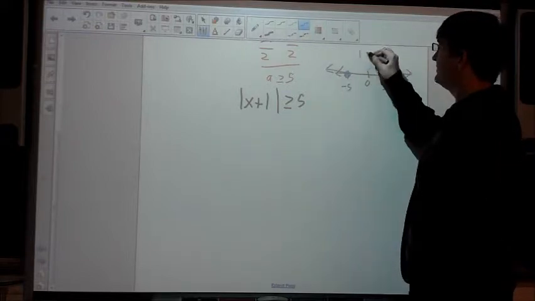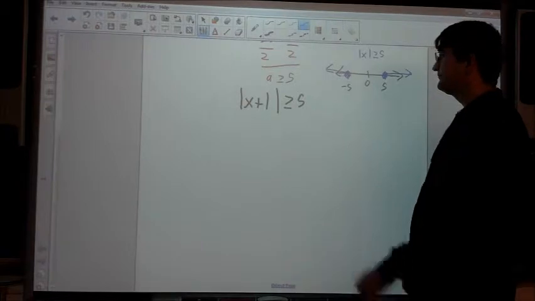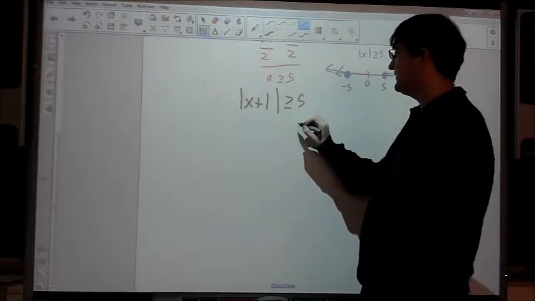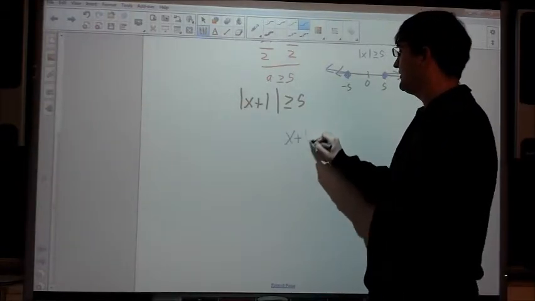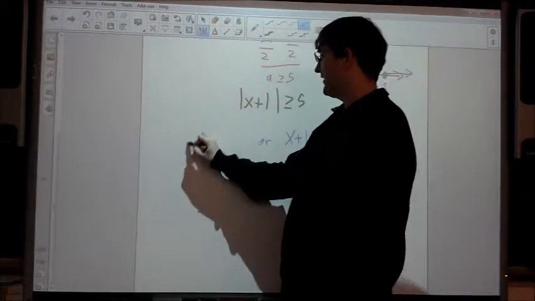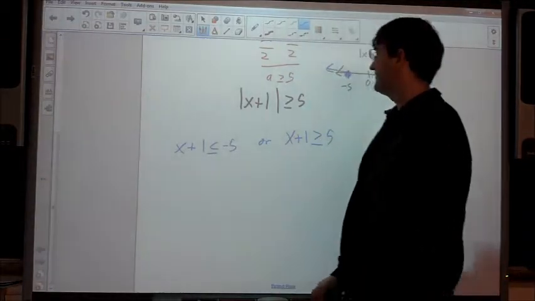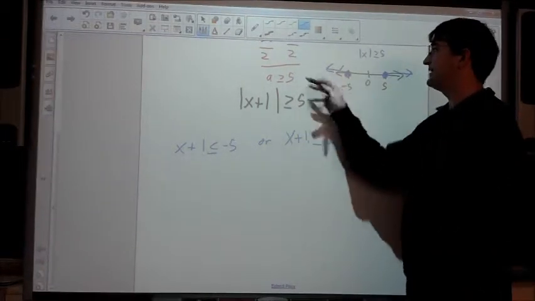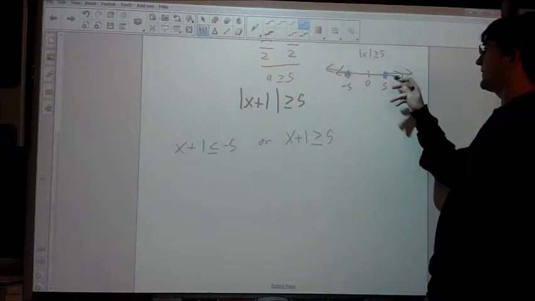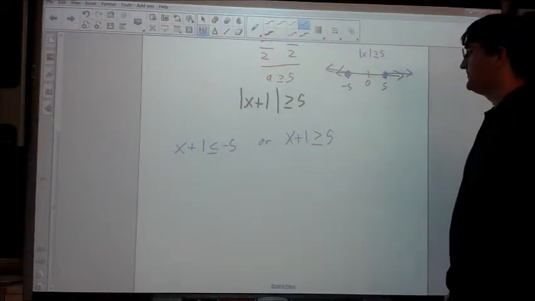We can either say that x plus 1 is greater than or equal to 5, or x plus 1 is less than or equal to negative 5, because it's either to the left of negative 5, including the negative 5, or to the right of positive 5, including positive 5.